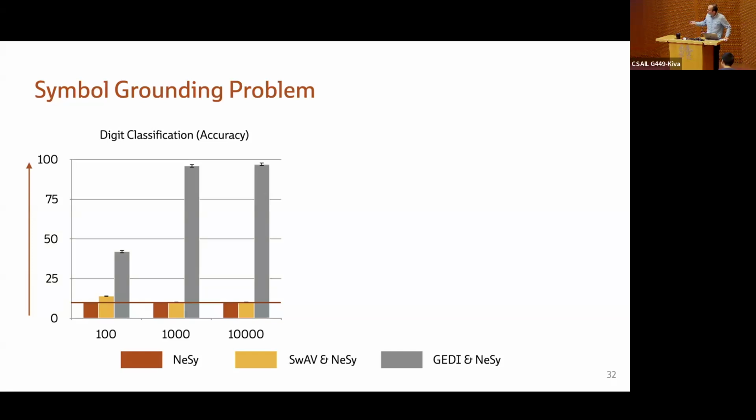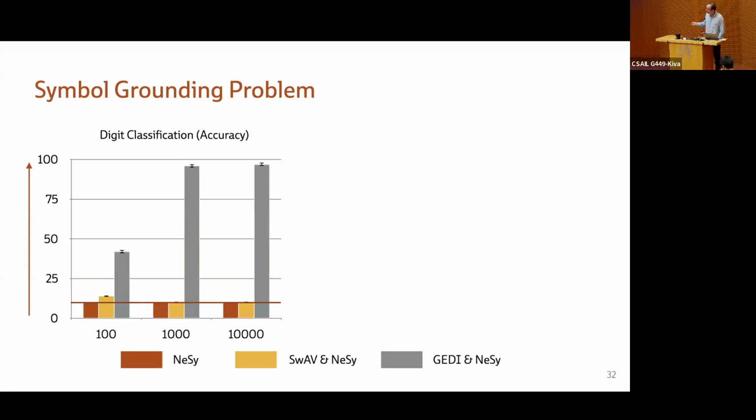And so notice that the performance is on the x-axis here. You see the number of training samples that you have used to perform the test. And so even for 1,000 examples, we can almost solve completely the kind of issue. What is interesting is that even for a small amount of examples, like 100, we perform significantly better over the kind of collapse that the other approaches face.